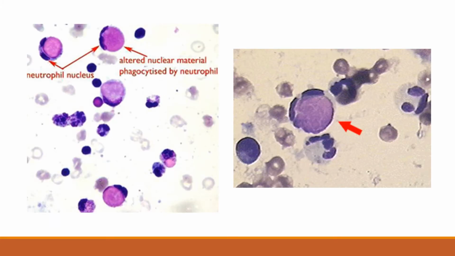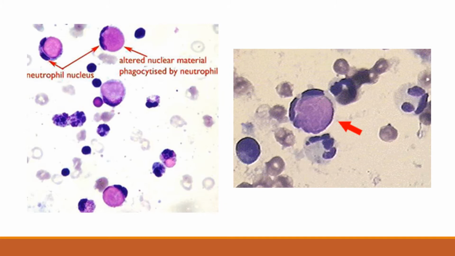So this is the appearance of your LE cell under the microscope when you make a smear from your sample. So notice that your LE cell is actually a neutrophil that has engulfed the nucleus of another neutrophil or lymphocyte.